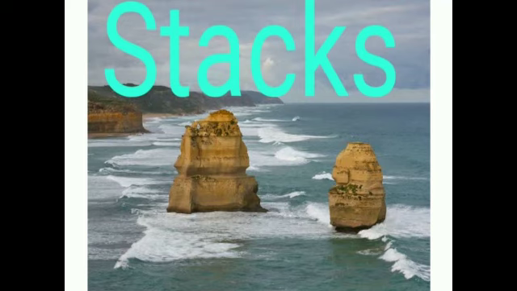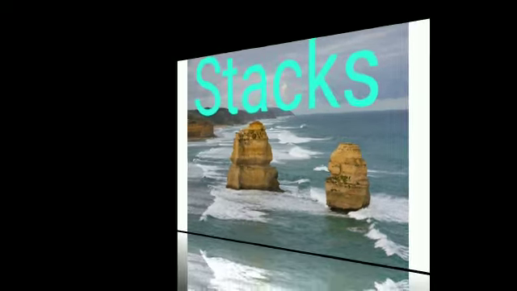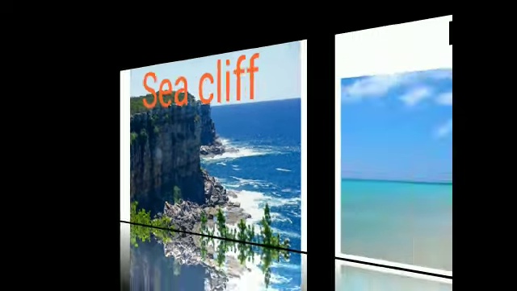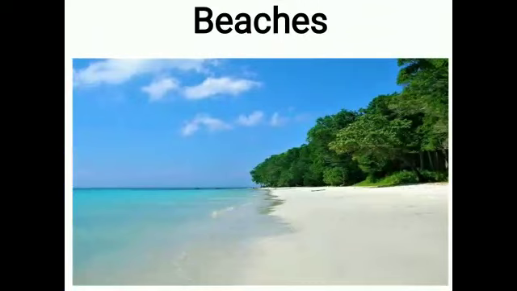The pillars of rocks are left standing in the open water. These are called stacks. The steep vertical wall facing the sea is called a sea cliff. Can you understand?